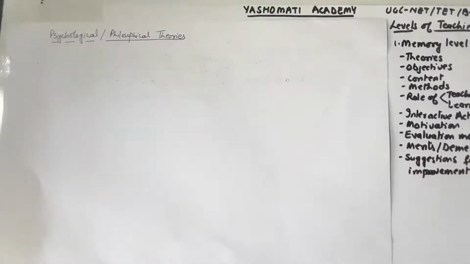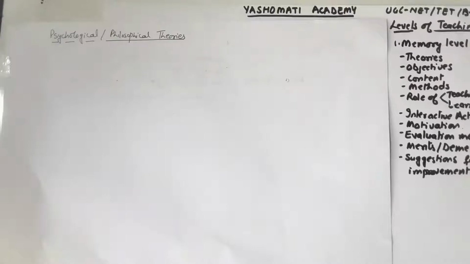As far as behaviorism is concerned, it is based on the work of many different psychologists like Skinner, Pavlov, Watson and Thorndike. So in this portion we will be studying what different behavioristic theories form the basis of this level of teaching.